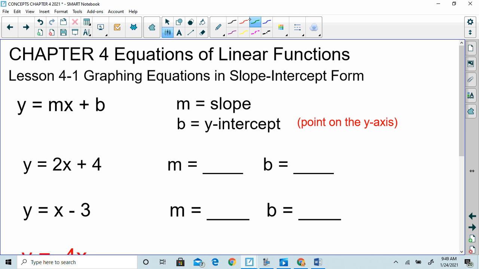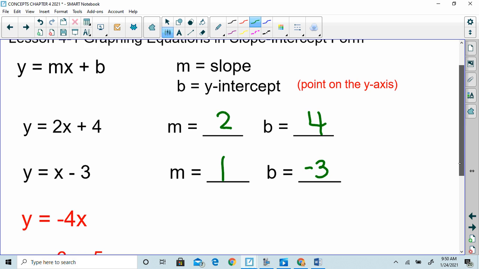If y = mx + b, then m is represented by the number 2 and the y-intercept point on the y-axis by 4. In my second, the number in front of the variable is 1, so my slope is 1, and my y-intercept here is -3. We're just identifying.